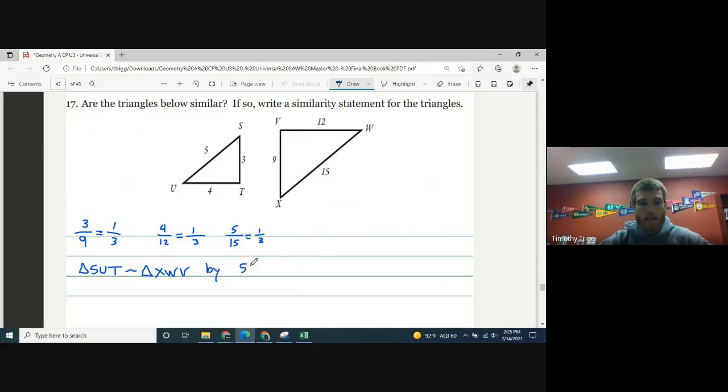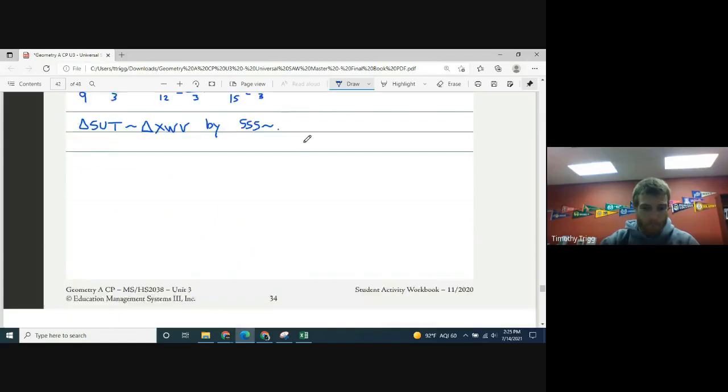By side similarity. Okay. Anytime you're trying to show two triangles are similar, you're going to be using either angle-angle, side-angle-side, or in this case, side-side-side. You're going to be using one of those three. In this case, it's side similarity.